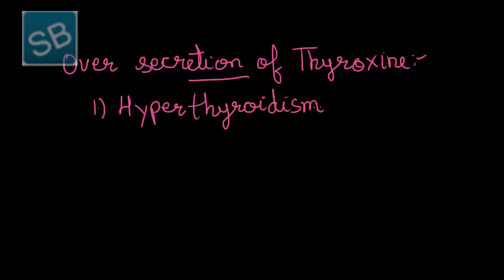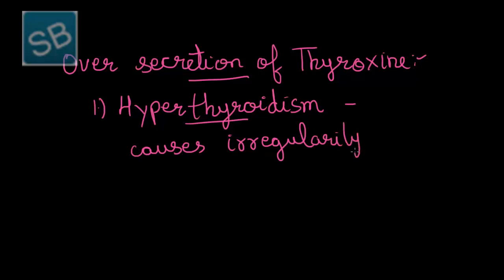As said, this disease occurs due to the oversecretion of thyroxine. It generally causes irregularity in the menstrual cycle.